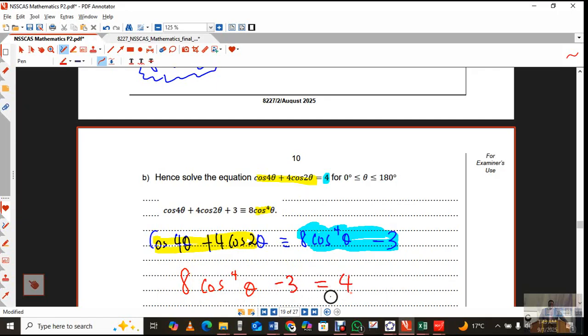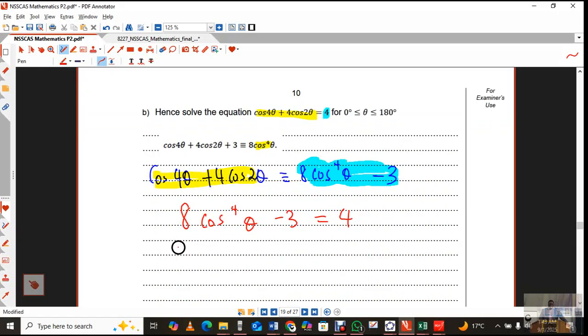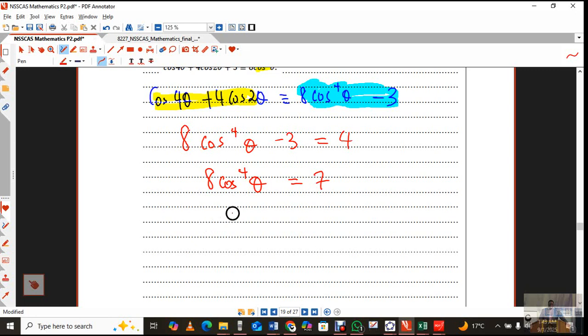And that should equal 4. If we clean this up, we're going to get 8 cos 4 theta is equal to, well, that's going to be 7. Then cos to the 4th theta is going to be equal to 7 over 8.